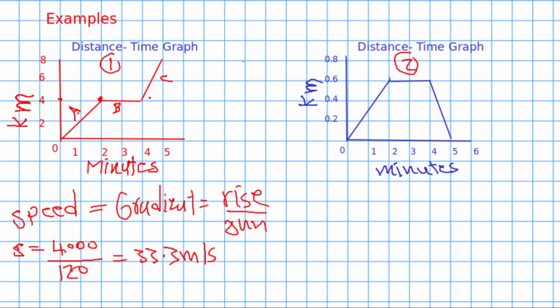In section C, the object increased or changed its speed from the initial speed that it started its motion with. Here it seems the object was moving with a larger speed.